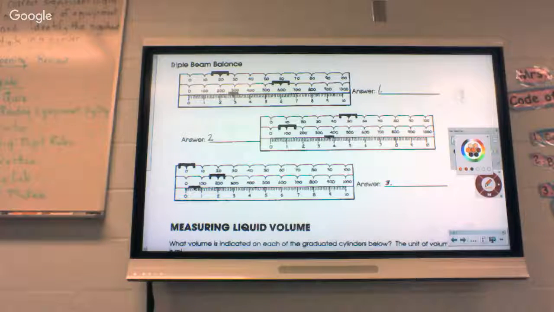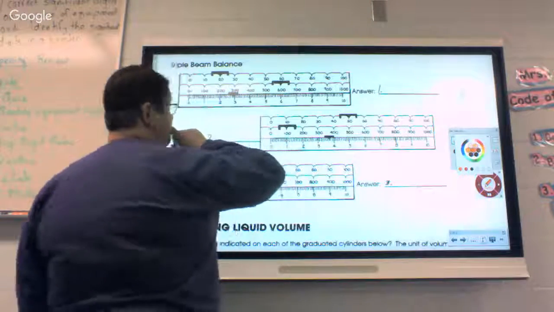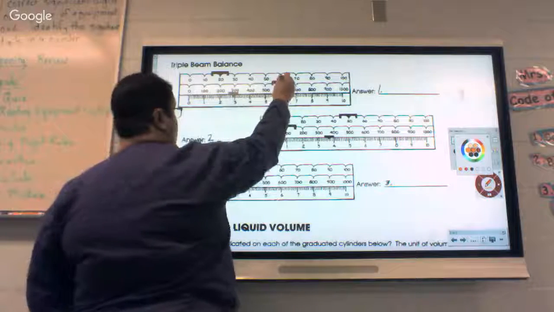All right, everybody have a chance to try them all? All right, so if we look at the first triple beam balance up here, sometimes people struggle with the graphics on these because the scales really are kind of ugly. But if we look at what you have up here, what's the middle beam trying to illustrate? 600.